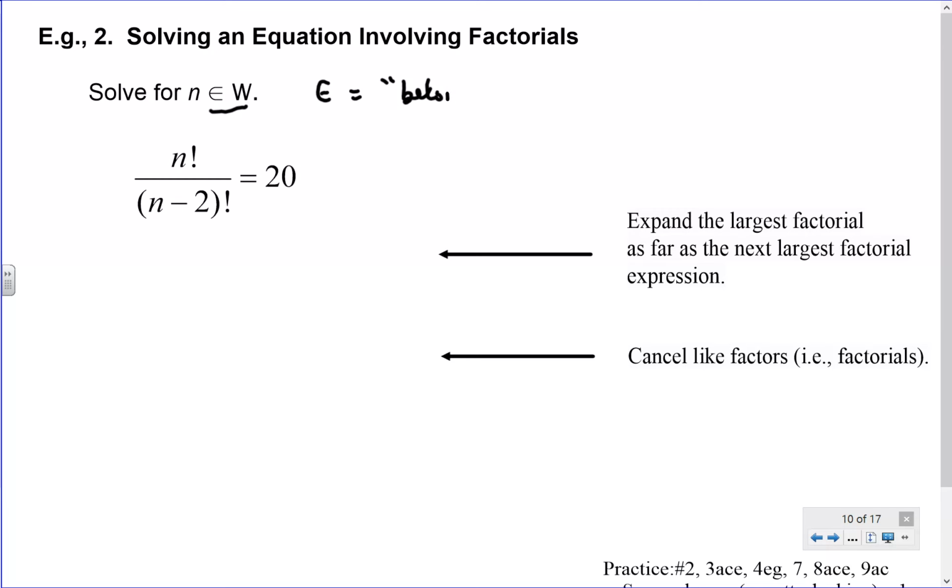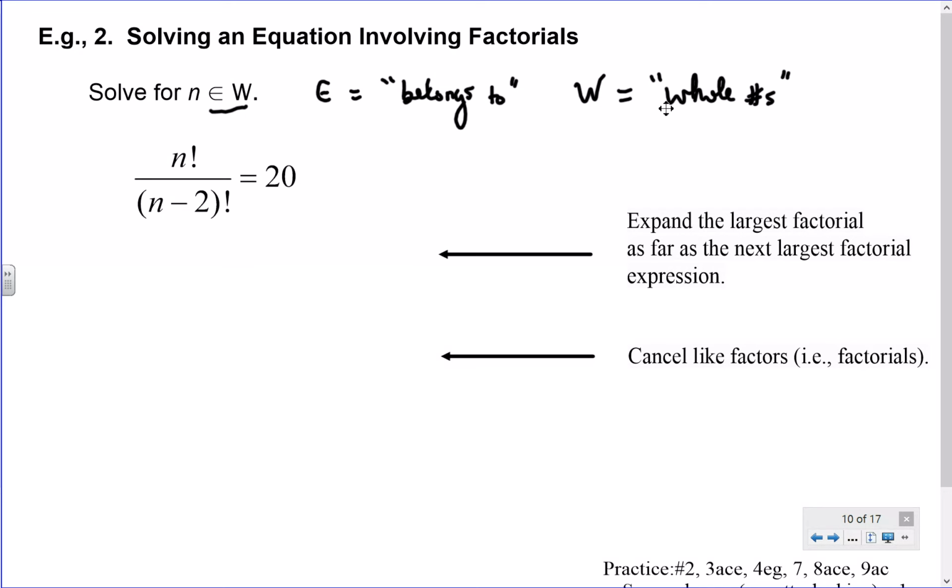You might hear some tapping in the background. That's just the stylus on the tablet screen, so I apologize for that. And then W corresponds to the whole number system, so whole numbers. So we need to solve this equation for n, and n will take on the value of a whole number.